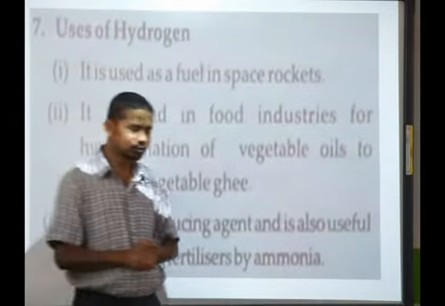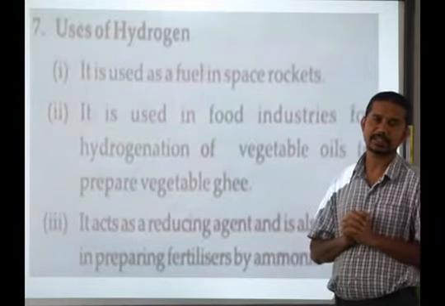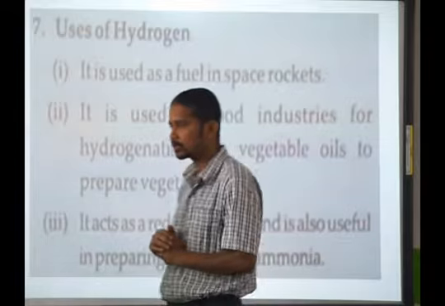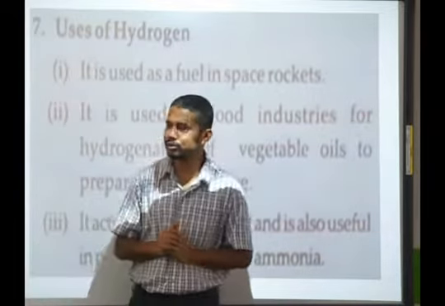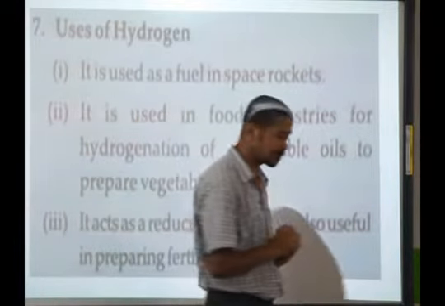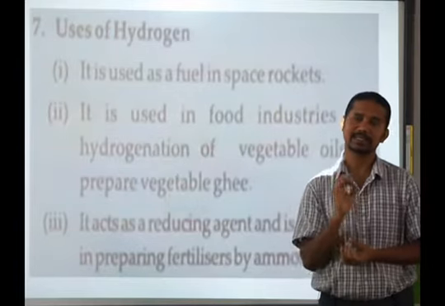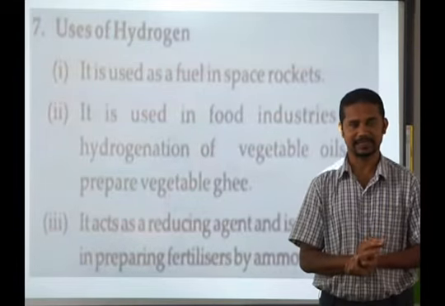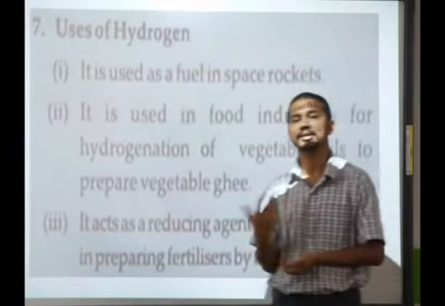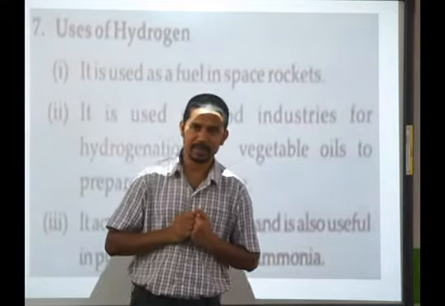Then uses of hydrogen. It is used as fuel in space rockets. As I said, liquid hydrogen and liquid oxygen are used as fuel for rockets. It is used in food industries for hydrogenation of vegetable oils to prepare vegetable ghee. I think you have heard the name Dalda. This Dalda is vegetable ghee, fat out of plants.